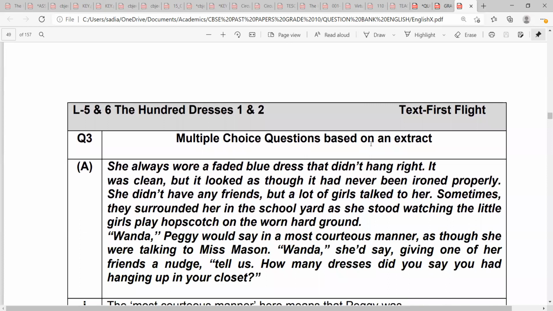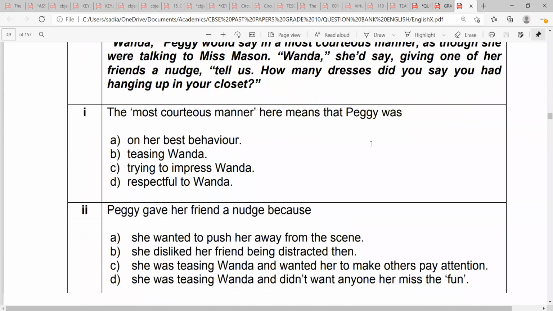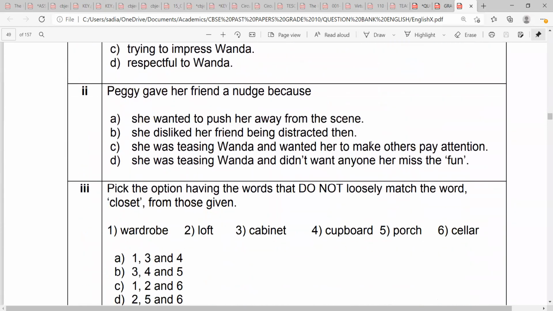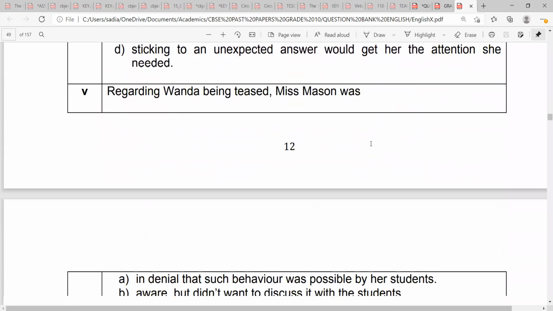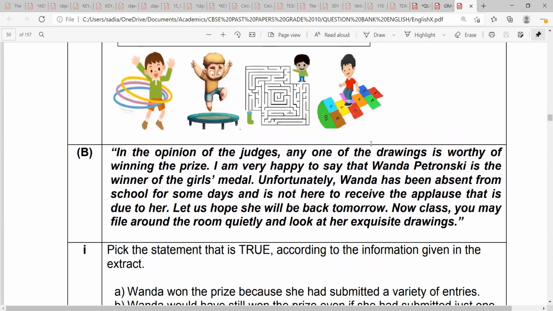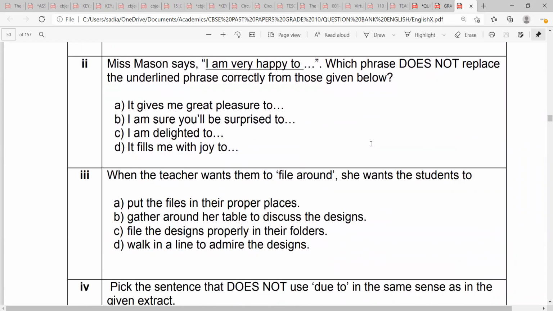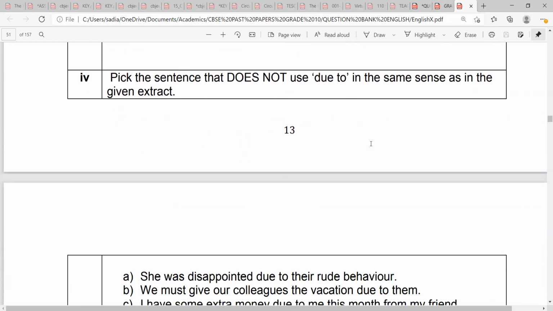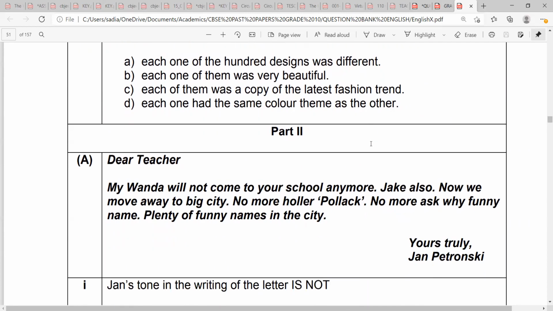Lesson 5 and 6, that is the 100 presses, 1 and 2. Textbook first flight, read the text, and the MCQs. Part 2.